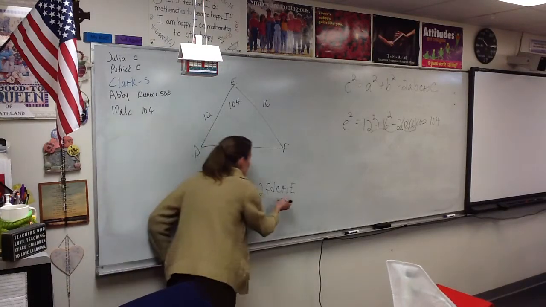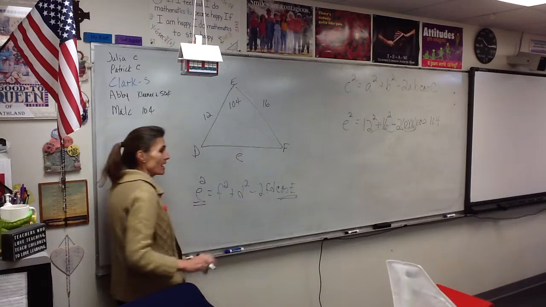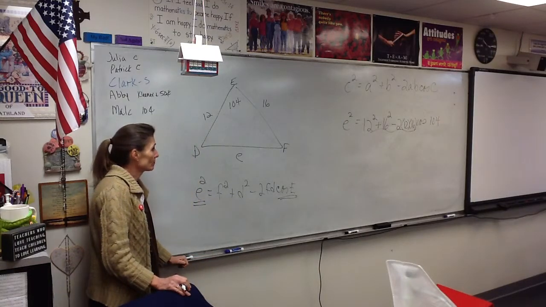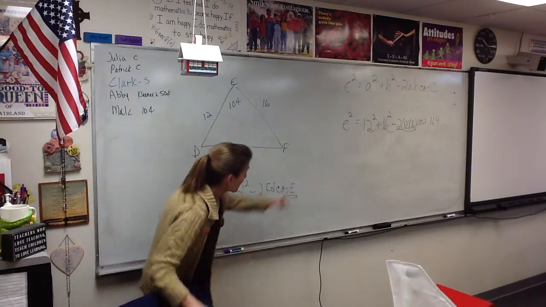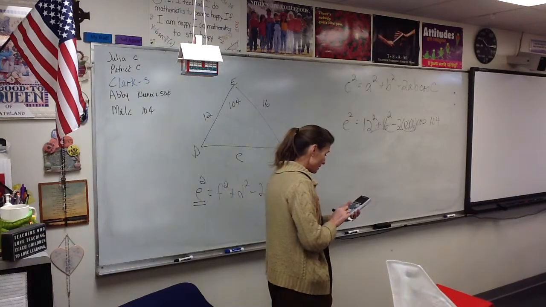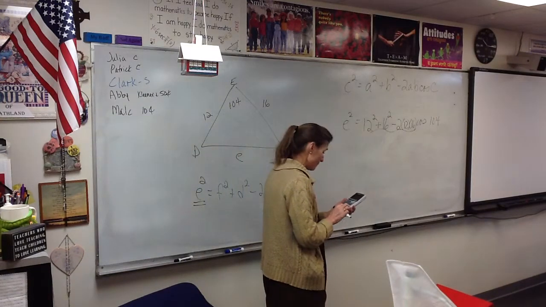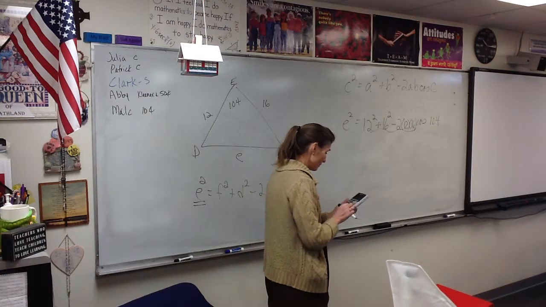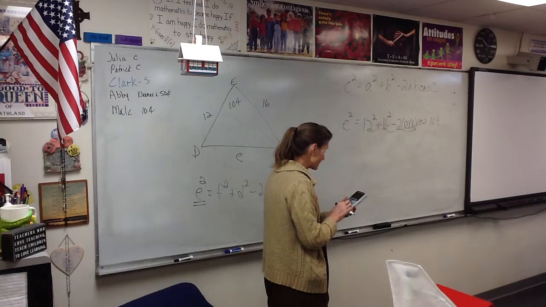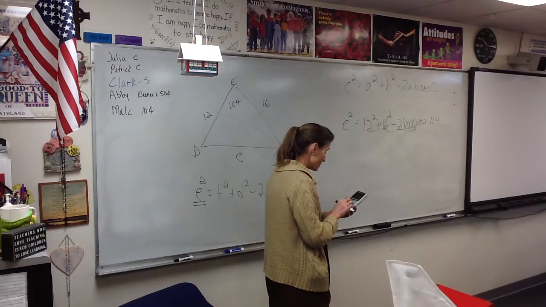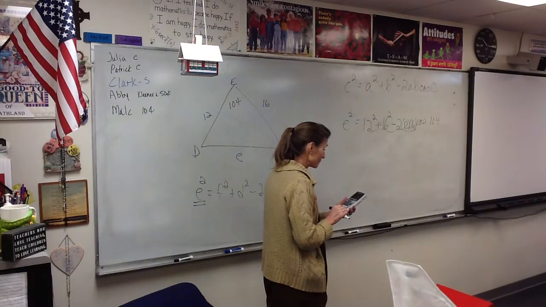That if this is angle E, this has to be side E. Now, were you able to type all that in? So you got 12 squared plus 16 squared minus 2 times 12 times 16 times cosine 104.